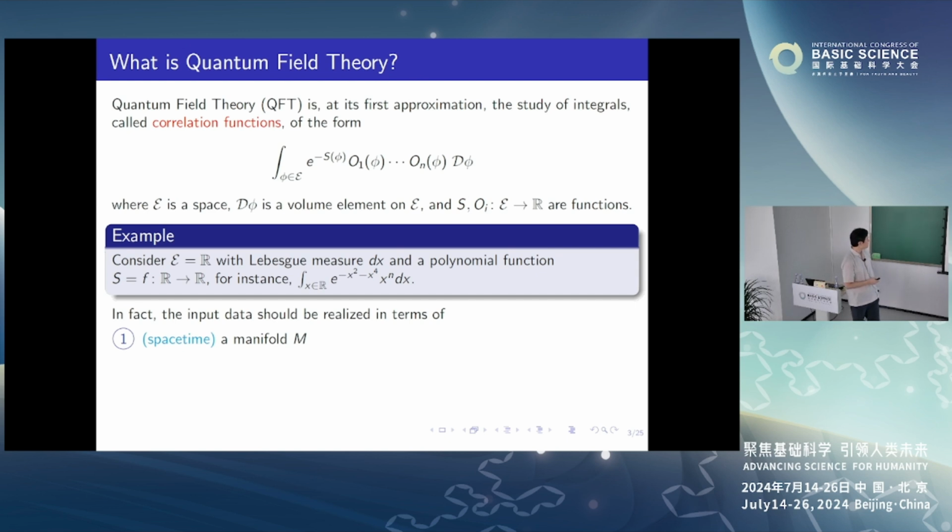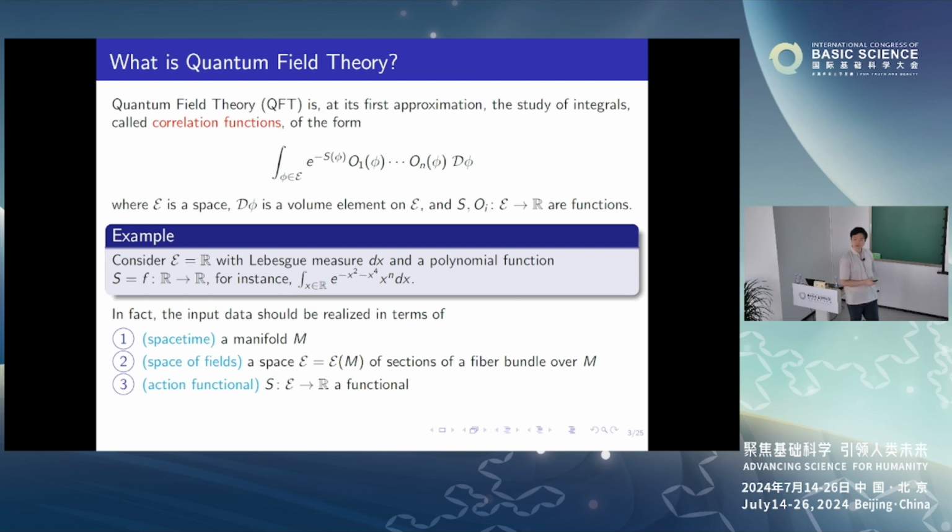So for that, the input data, I want to say, starts with space-time, which is, mathematically speaking, just a smooth manifold, M. Another piece of data is a fiber bundle, and you think of sections of such a fiber bundle, and that is called the space of fields of your field theory.